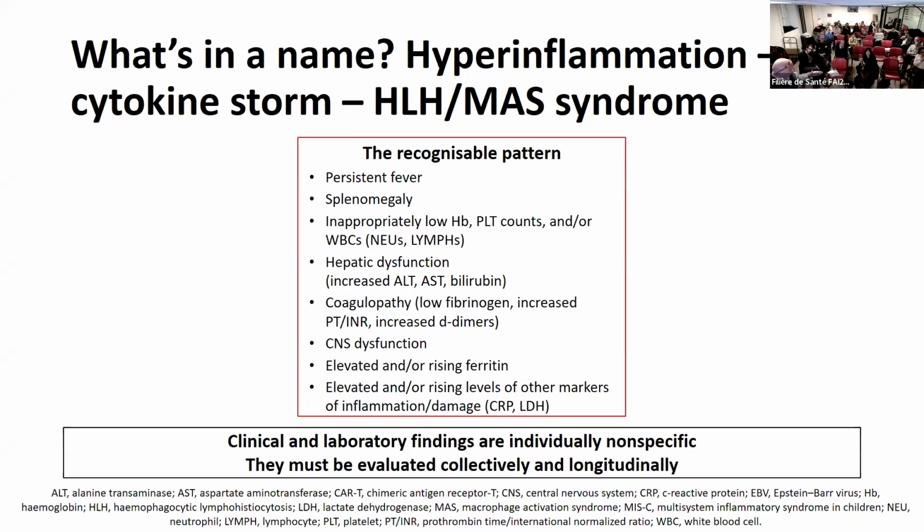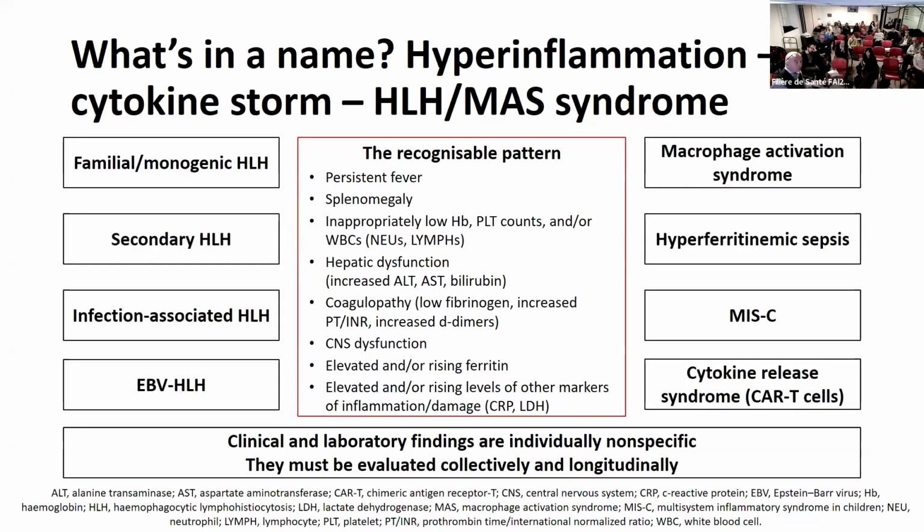There is often CNS involvement. The hallmark here is increased or rising ferritin, and there is inflammation. Hyperinflammation doesn't mean a lot of CRP. That's a lot of inflammation. Hyperinflammation means all these things together, or at least some of them, and they have to be evaluated over time.